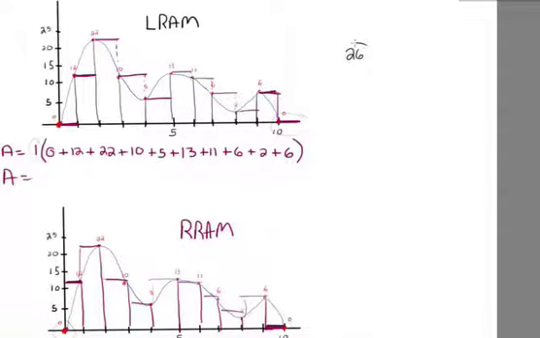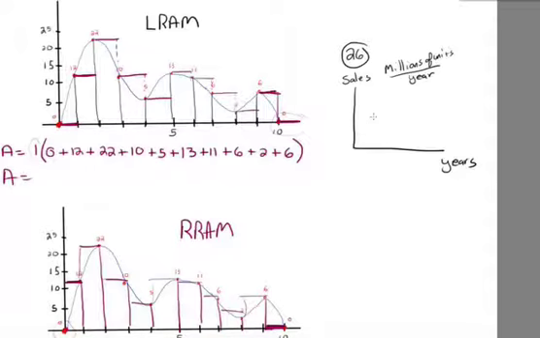Number 26. We have a graph that is time, and apparently it's in years, and sales, which they say is measured in millions of units per year.